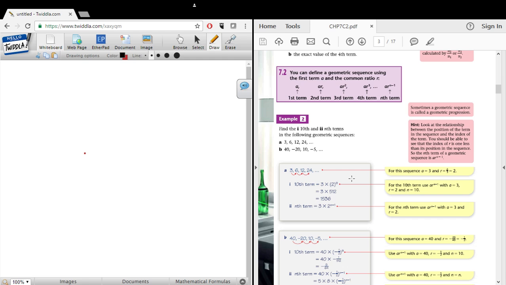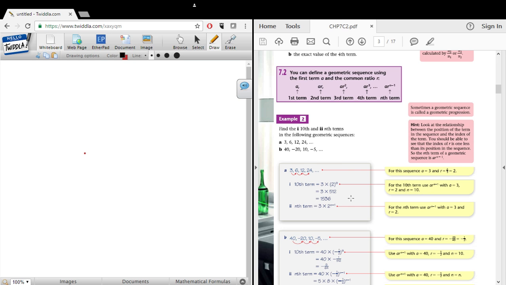This tells you that you can find the nth term, or any term in the sequence, if you utilize the given information, that is the common ratio and the first term. The first term, because this is where the sequence begins, and the ratio to give us how to progress onto the term number n, or the nth term.